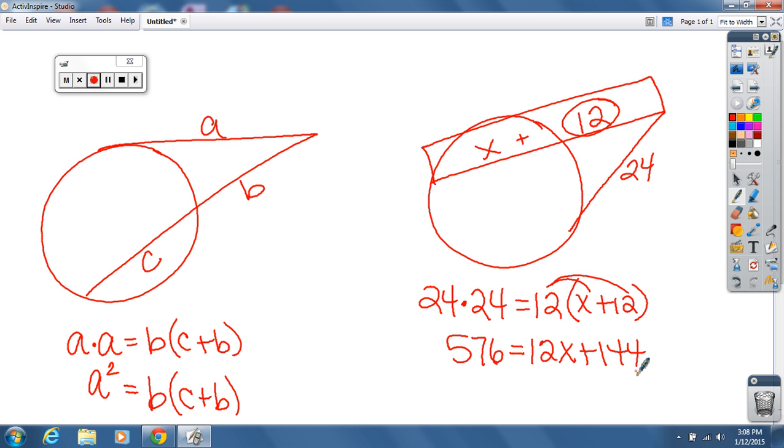Then if I subtract 144, I get 432, and then I can simply divide by 12 and I get 36. So x is equal to 36. Alright, those are the three types of segment lengths, and have fun.